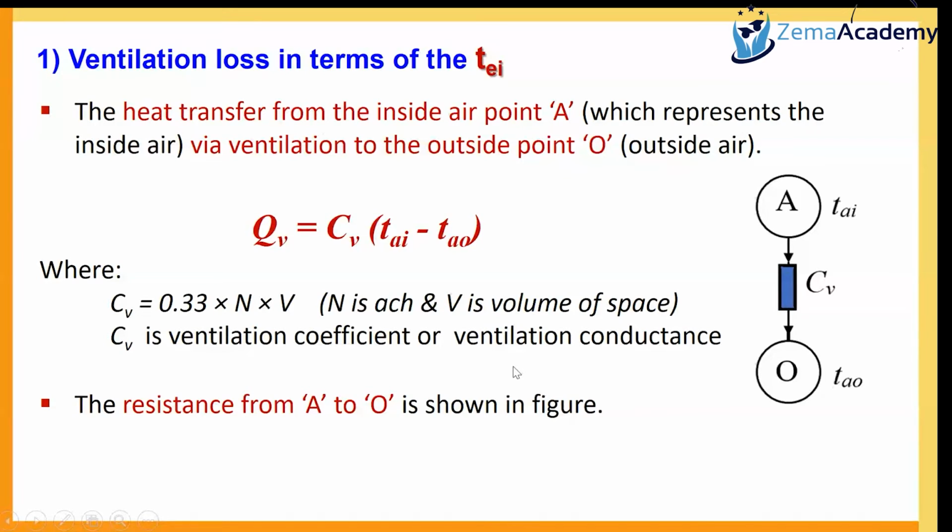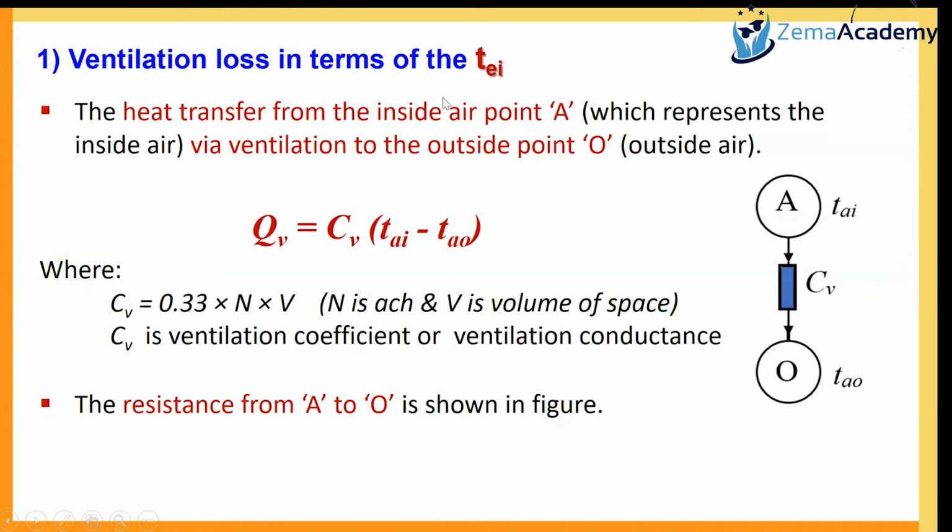Now, when we look at the heat transfer process from the room, the first heat loss process is the ventilation term. On this slide, you can see how we express it. This is the same equation that we used in the first slide when we started off with a simple model, where I said that the ventilation heat loss Q can be calculated with the help of the ventilation conductance and some temperature difference.